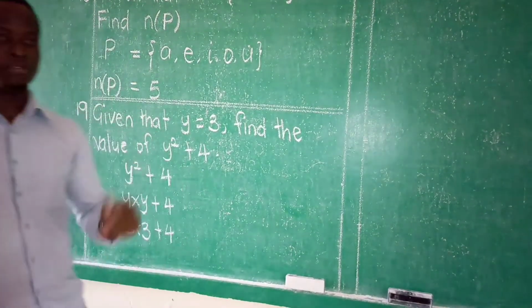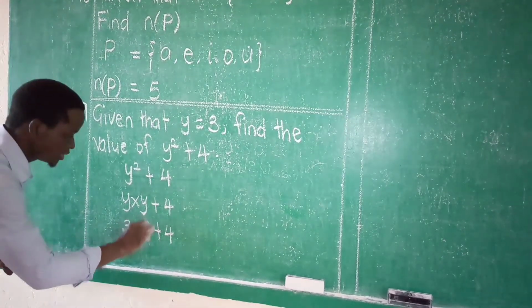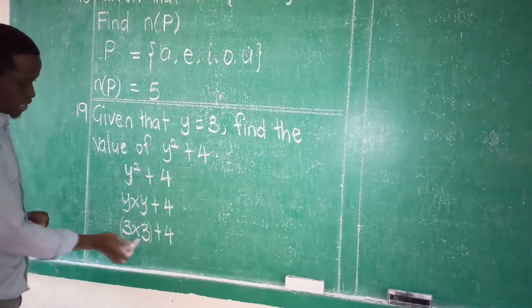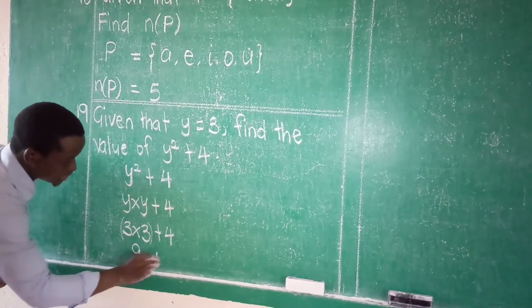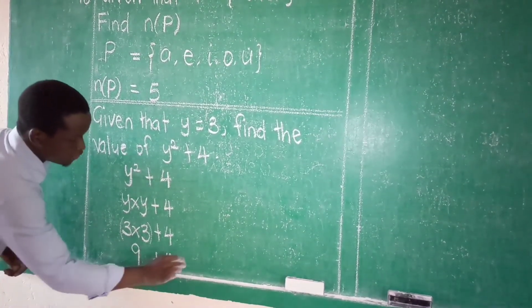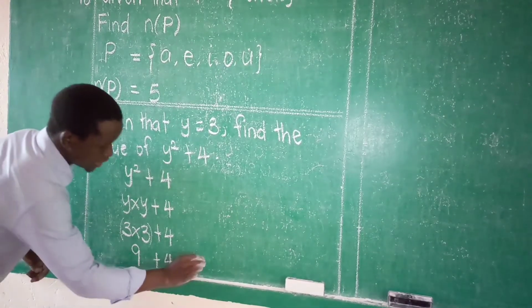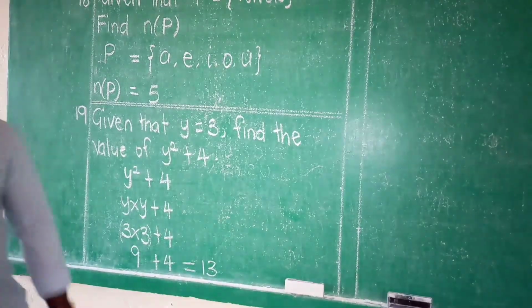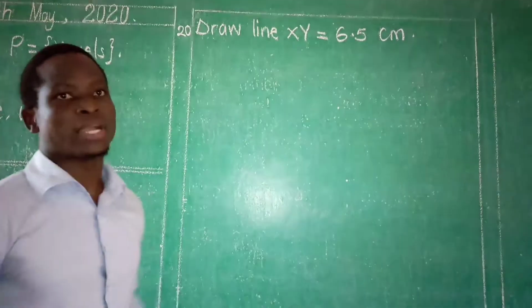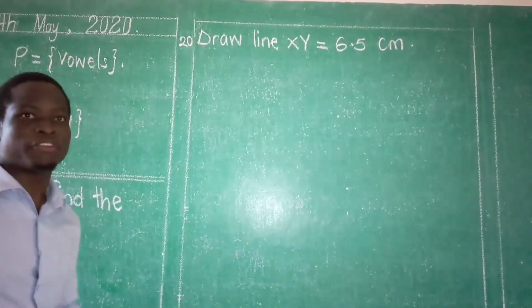Multiplication comes before addition. So we first multiply. 3 times 3, what do we get? 9. Plus 4. Finally, our answer is 13. Correct? Yes. Summarizing, this is going to be our last question for this session.